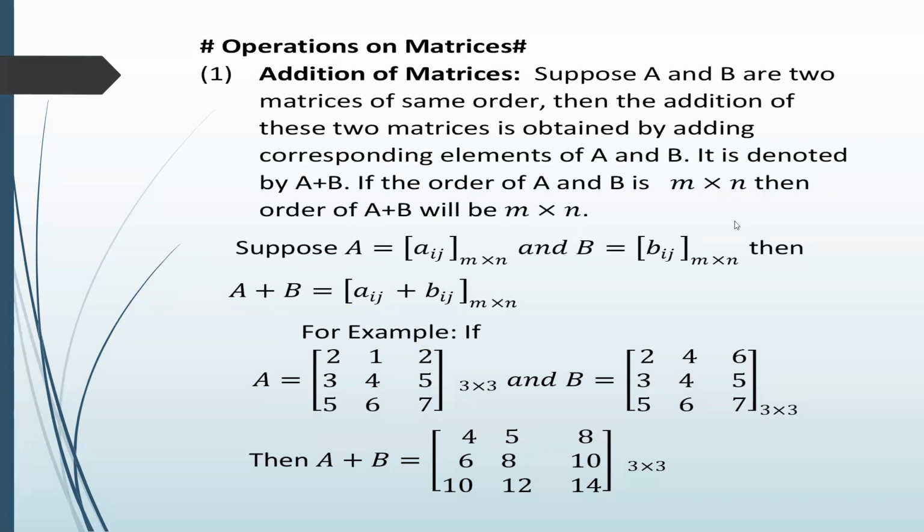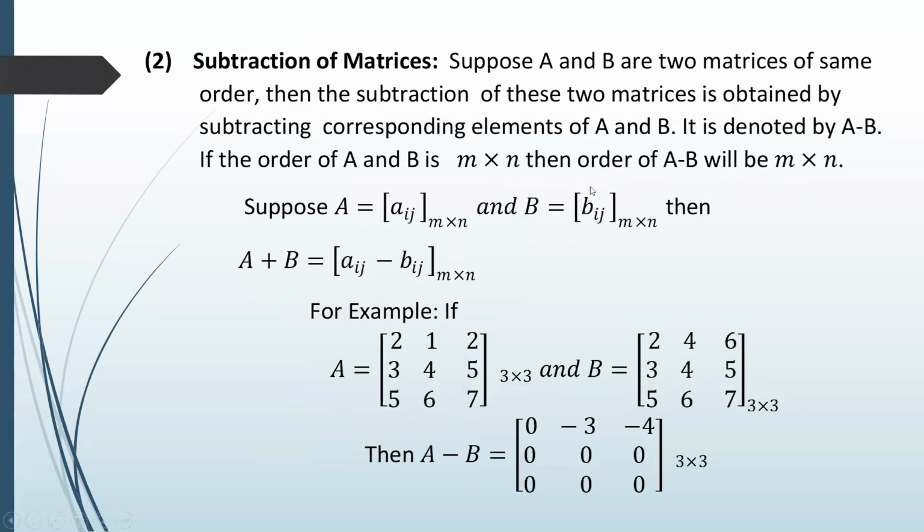Now we go for second operation, which is subtraction. So subtraction of two matrices. If we have two matrices A and B of same order, then the subtraction of these two matrices is obtained by subtracting corresponding elements of A and B, and it is denoted by A minus B. If the order of A and B is m by n, then order of A minus B will be m by n.